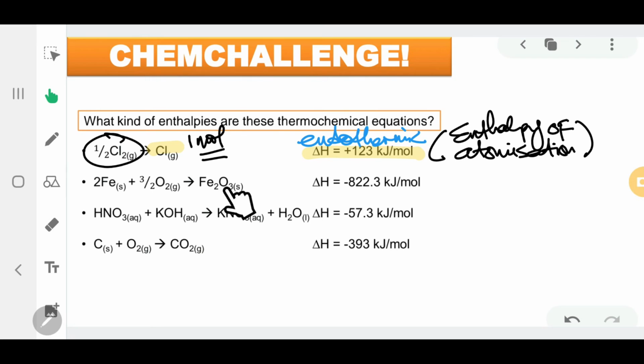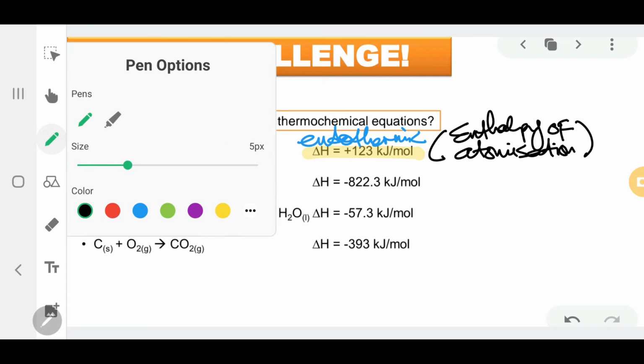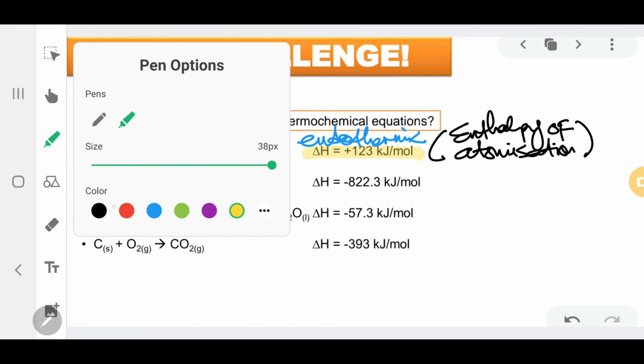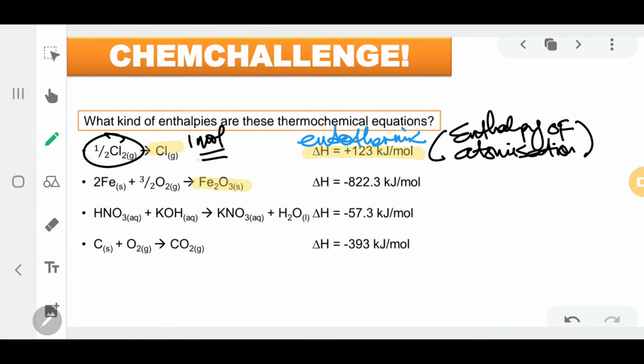So what enthalpy is this one? When you look carefully, you have 1 mole of product being produced. And on the other side, your Fe2O3 is being made from its elements.